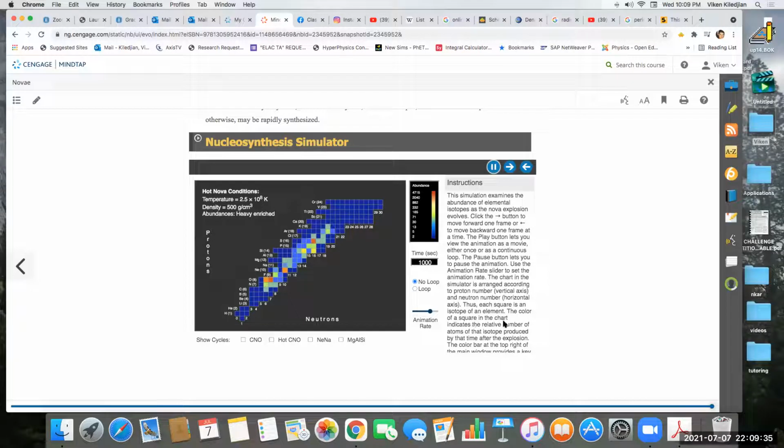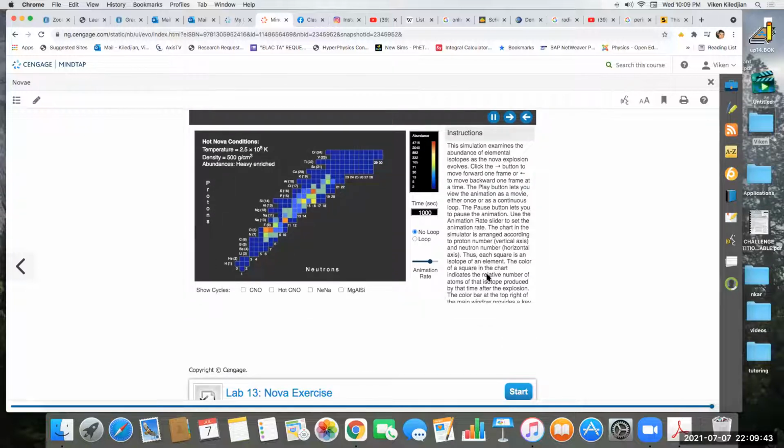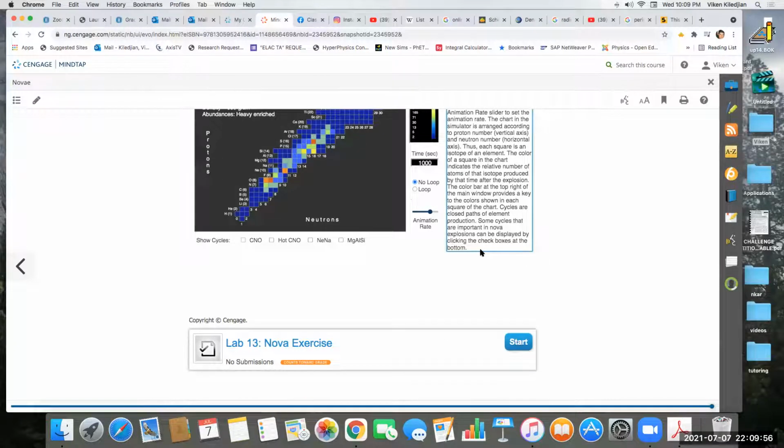The color of a square in the chart indicates the relative number of atoms of that isotope produced after the explosion. The color bar at the top right of the main window provides a key to the colors shown in each square of the chart. Cycles are closed paths of element production. Some cycles that are important in nova explosions can be displayed by clicking the checkboxes.